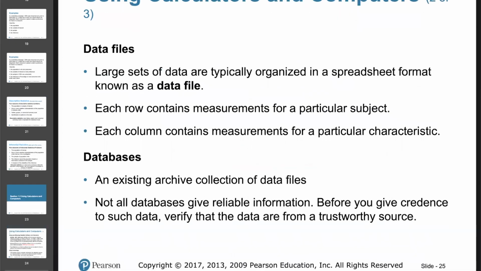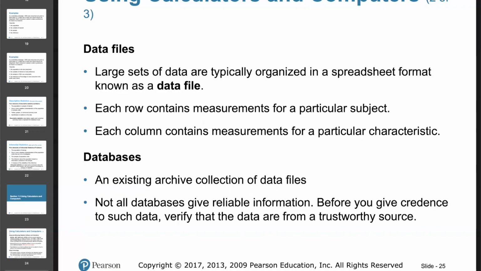Data files. Of course, we are in the digital era, which deals with a lot of data every day. So large sets of data are typically organized in tables, or sometimes we call them spreadsheets, okay? Like what we have in Excel. So in this case, we call it a data file.